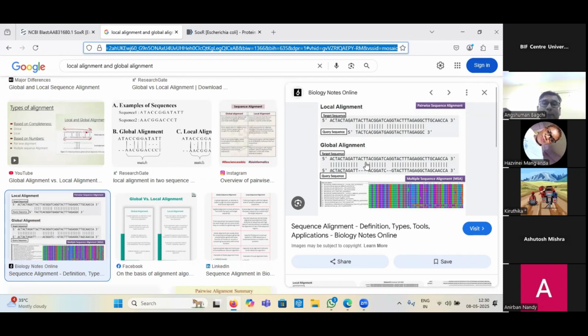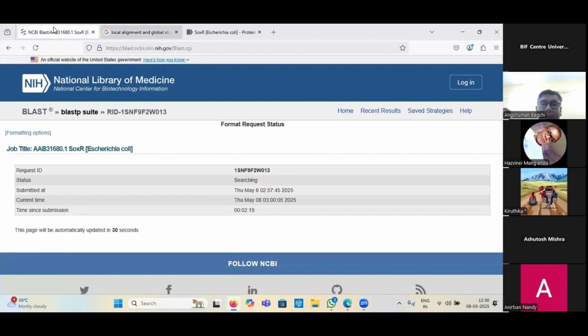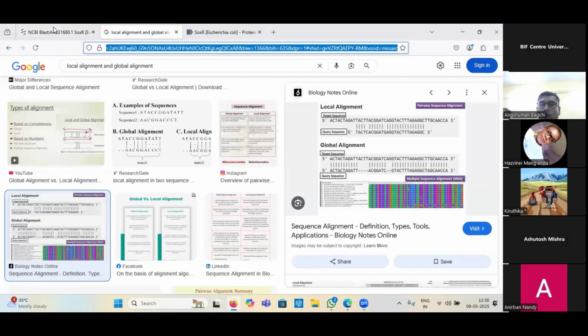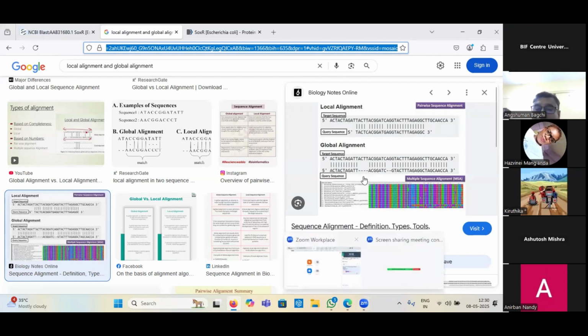This is called a gap, and a gap plays a very vital role. Gaps are the mutations that are present in proteins or in nucleic acids. And gaps actually reflect how many mutations are there. And gaps represent the deleterious mutation.